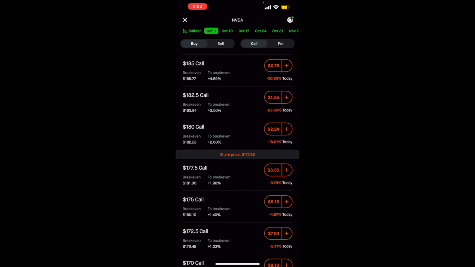So now let's look at where in the middle of the screen it says the share price. With a call, the strike prices, which is where it says 180, 182, 177, 175, those are strike prices, right?